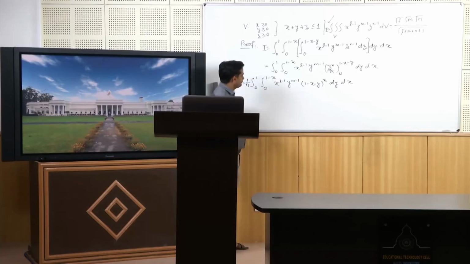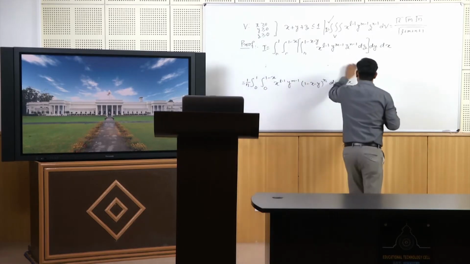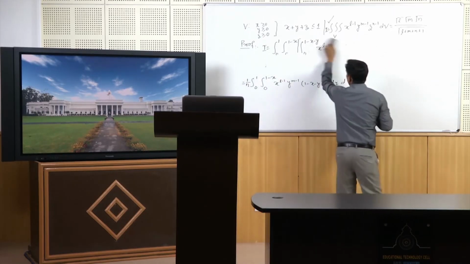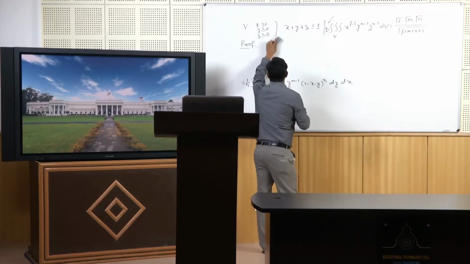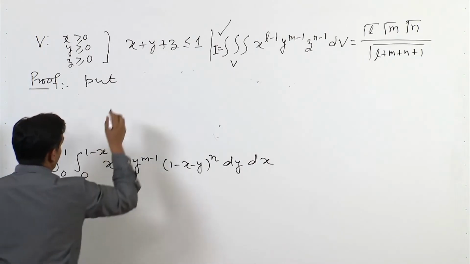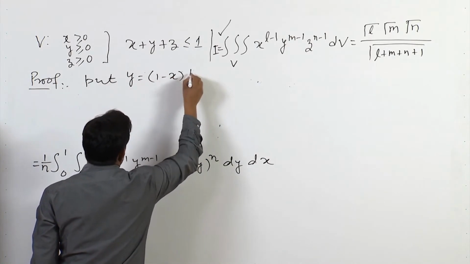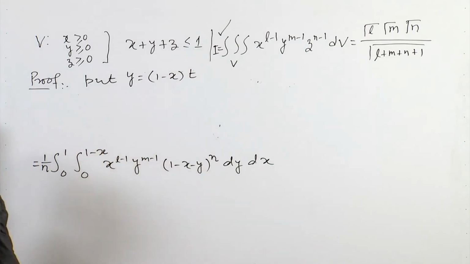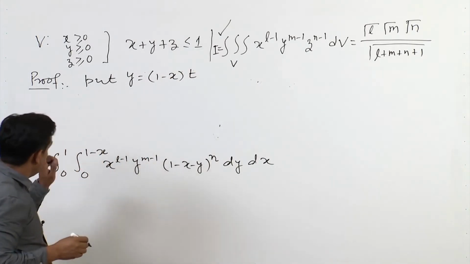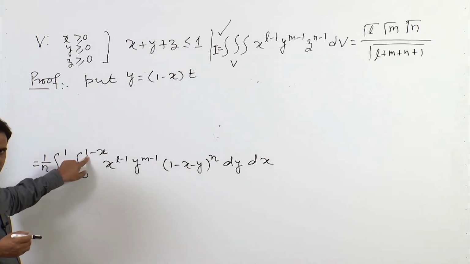Now let us try to solve this double integral. For this I need to make a substitution, and here I put y equals (1 minus x) times t. With this substitution I want to make the limits 0 to 1.